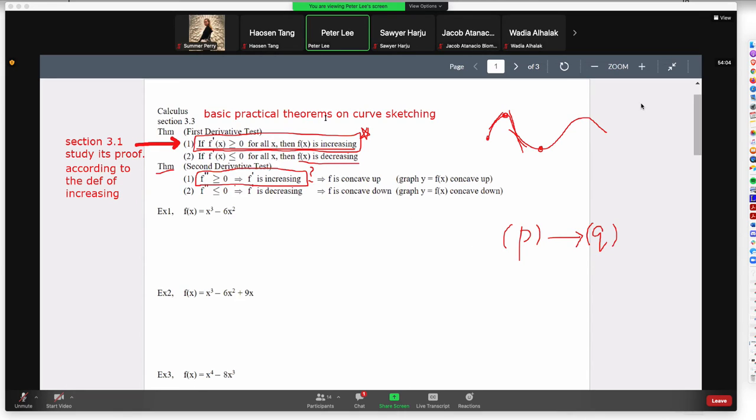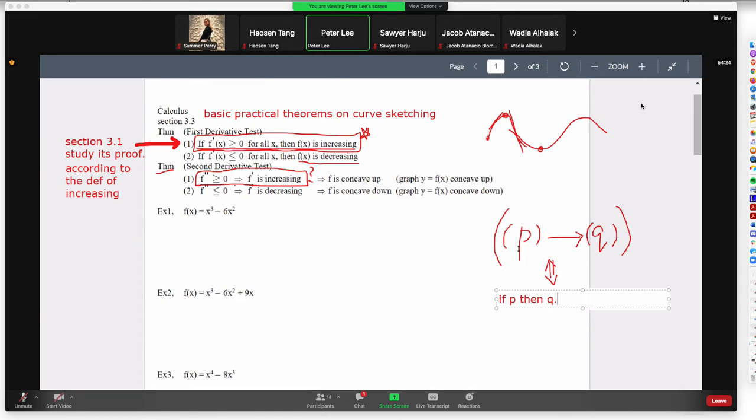So if you write this right here, what does this mean? This means that if P, then Q. That's what it means.